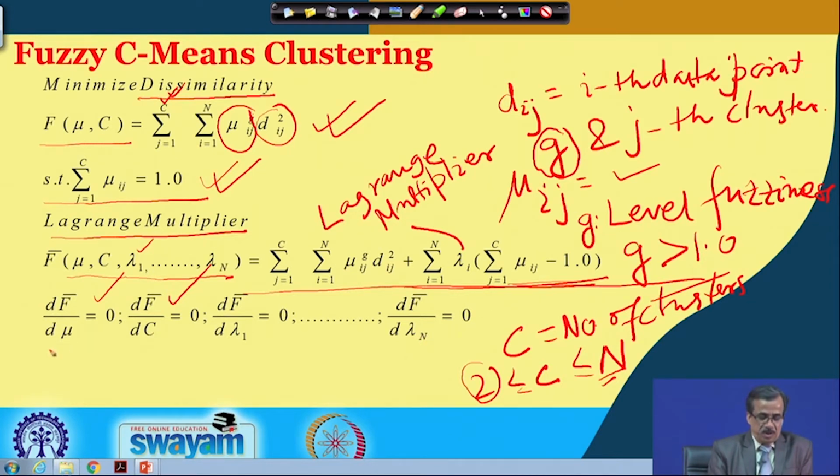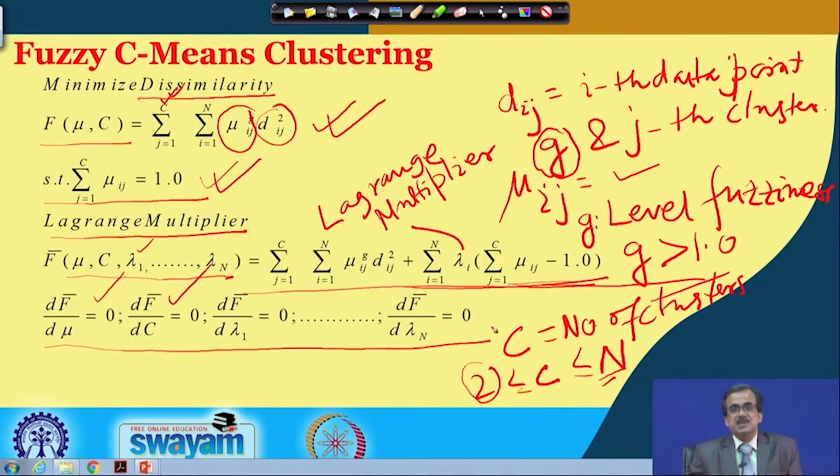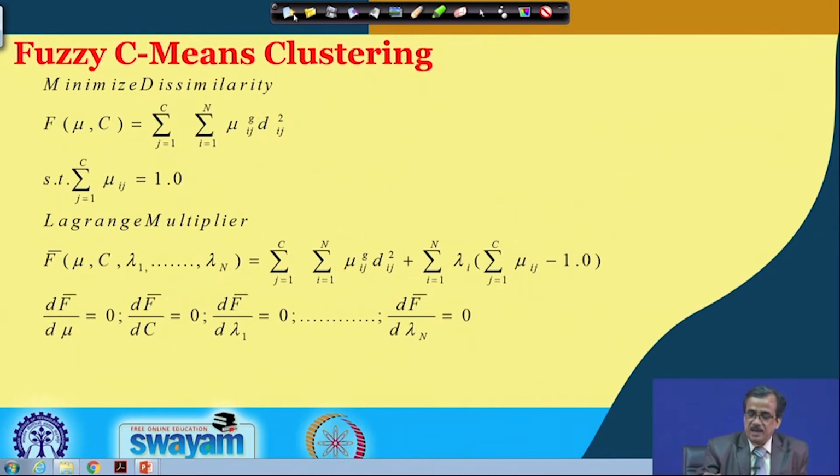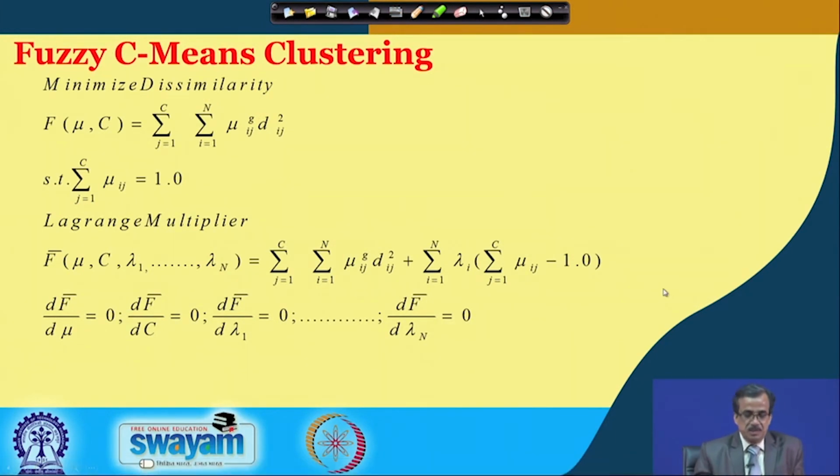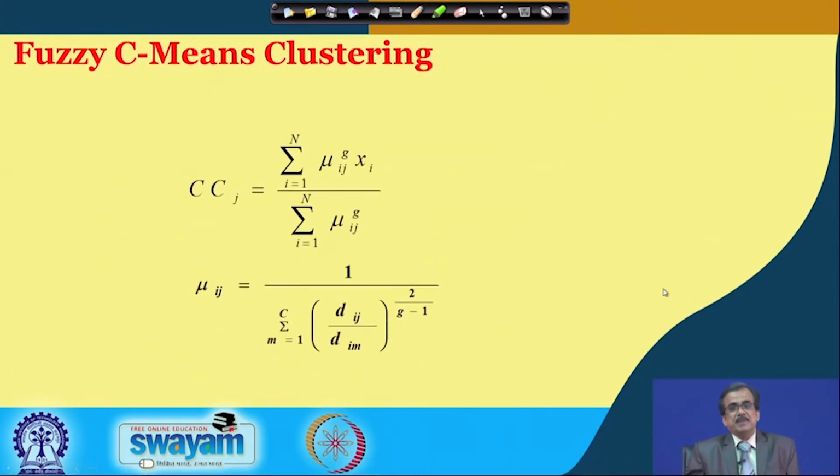Now, if we put all such things equal to 0, you will be getting a set of equations, and if you solve those equations, there is a possibility that you will get an expression like CC_j, which is nothing but the cluster center corresponding to the jth cluster. So, what should be the expression for the cluster center?